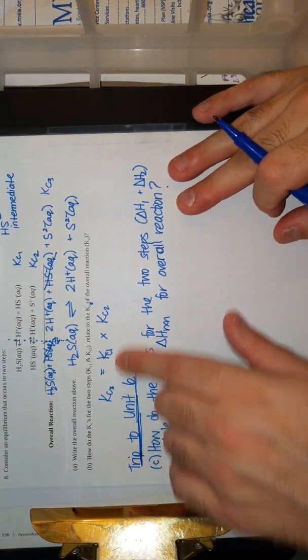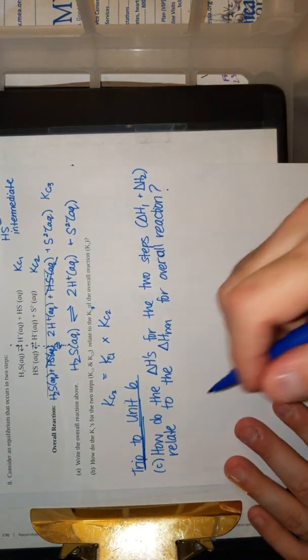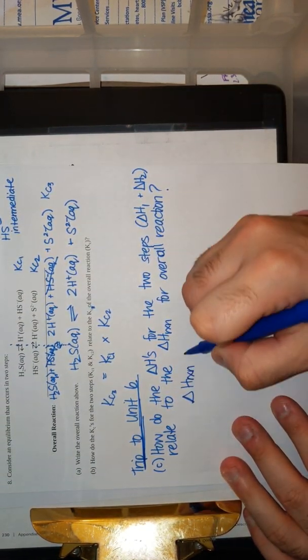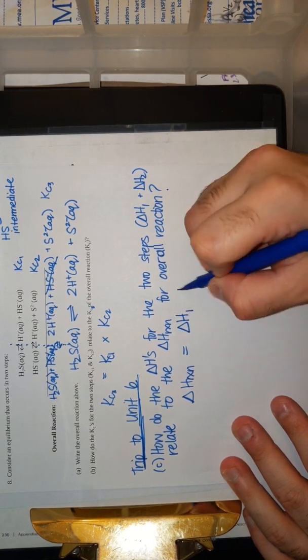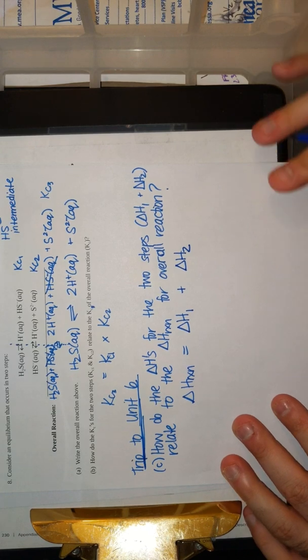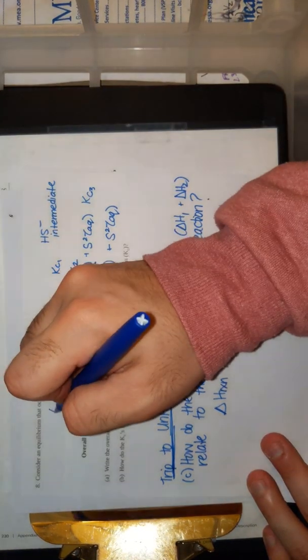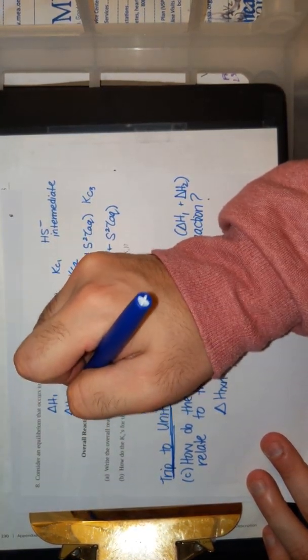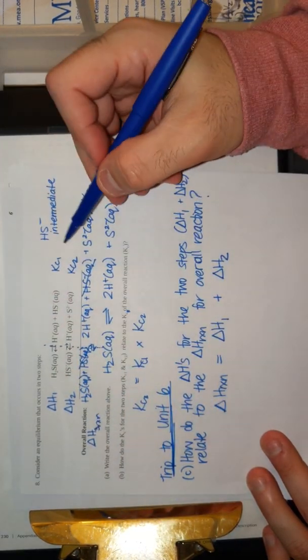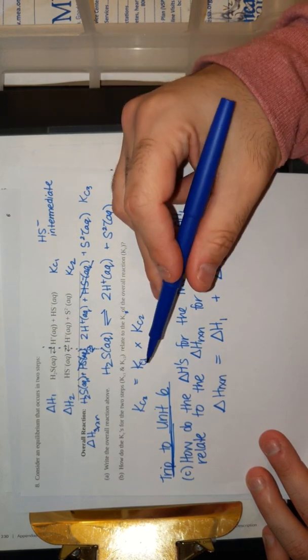Kc you multiply together. For delta H's, the delta H of the reaction is just going to be delta H1 plus delta H2. So delta H and K are a little bit different. Adding them together gives me the delta H of the reaction. But if I combine these two and I want the equilibrium constant, I multiply both the Kc's to give me K of the reaction.